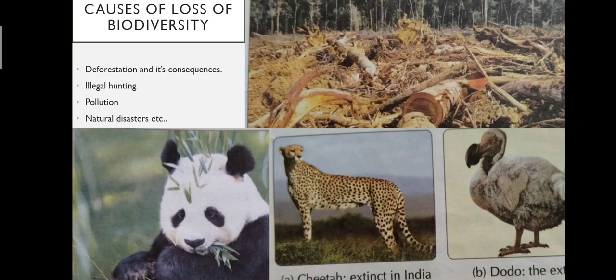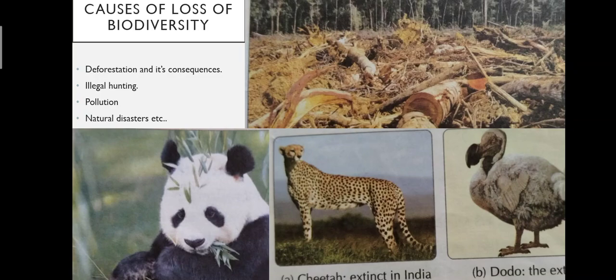Some of the major causes are deforestation, illegal hunting, pollution, natural disasters, etc. There are many causes of the loss of biodiversity. Now first we will learn about deforestation.